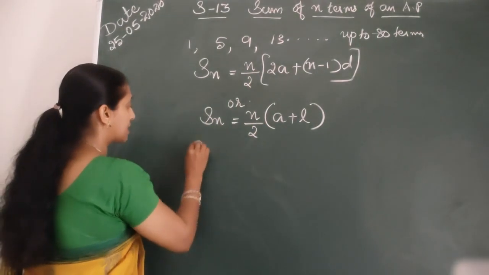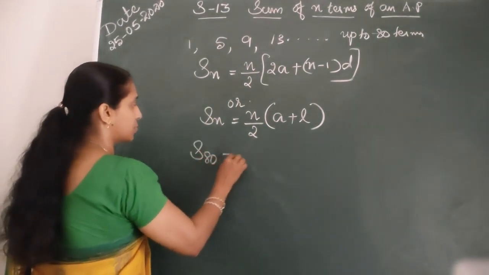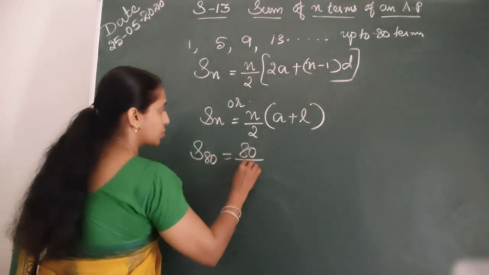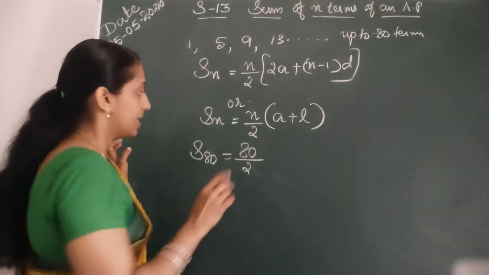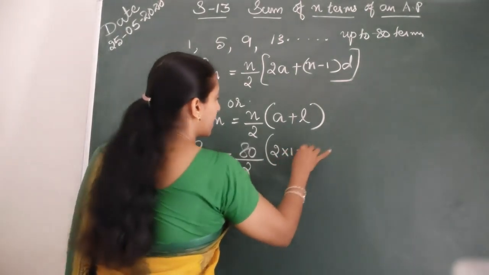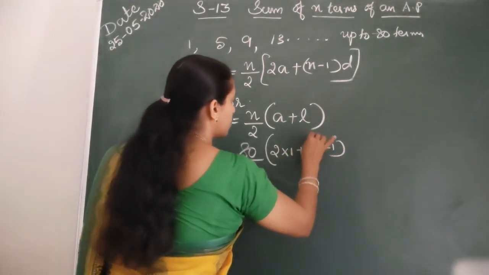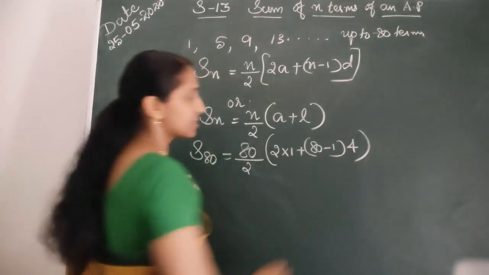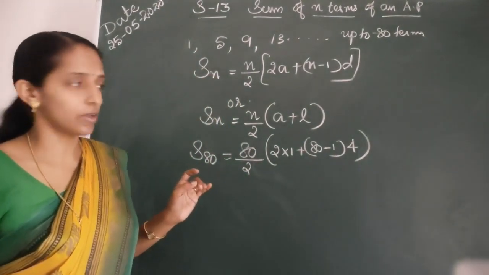So S80 will be equal to 80 upon 2, n is 80. a is 1, and (80 minus 1) into d, d is 4. Okay.